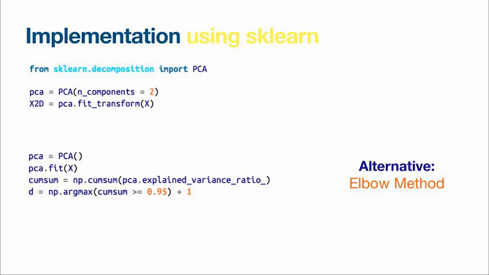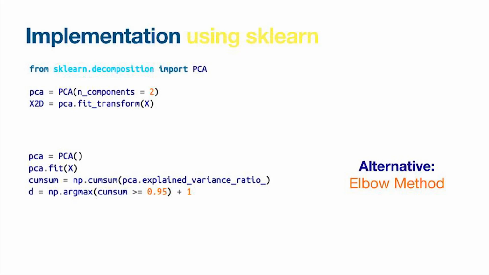Now remember I told you that different values of k will give you different values of variance retained. Now you are choosing the value of k, and just like in KNN or k-means, where you used the elbow method with trial and error to get the best value of k, you can do that here also. But you can also use sklearn's library functions to get the value of k for a specific variance you want.